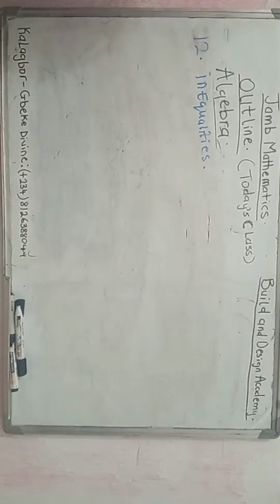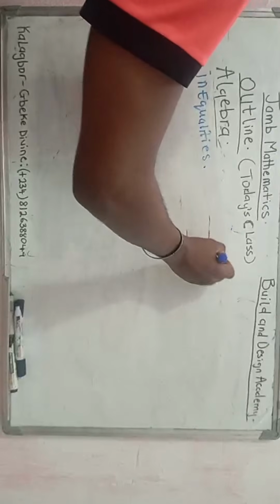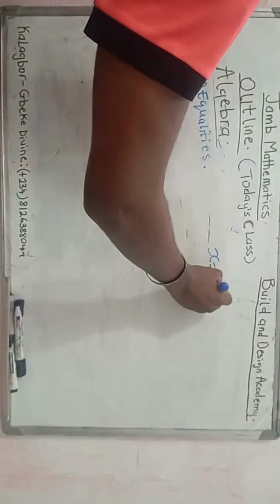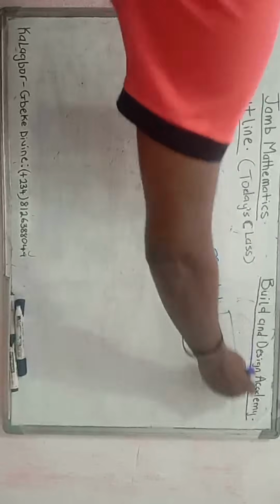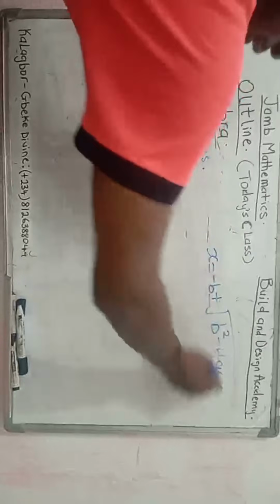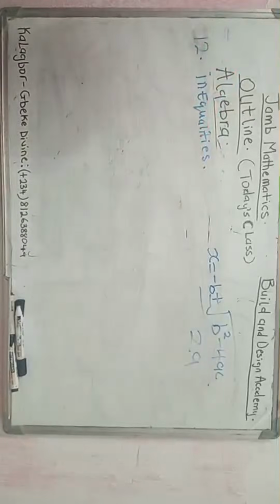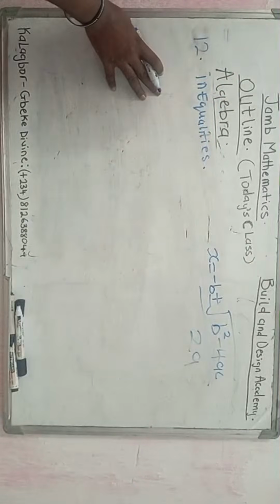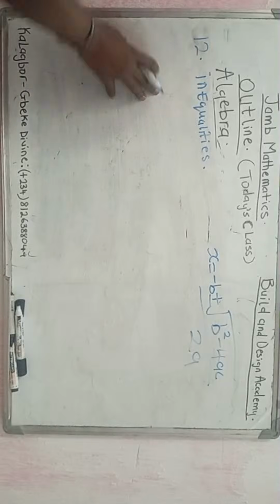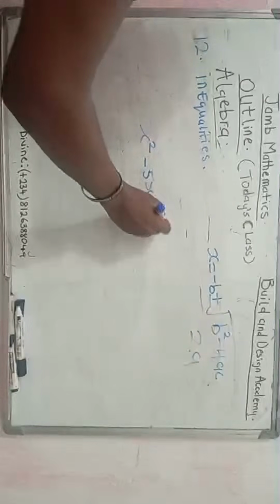All right. For inequalities, I said we'll use two methods of factorization. Now, the second method of solving a quadratic equation is the formula. Remember the almighty formula which says x equals minus b plus or minus the square root of b squared minus 4ac, all over 2a. From that former equation, we had x squared minus 5x plus 6 equals 0.